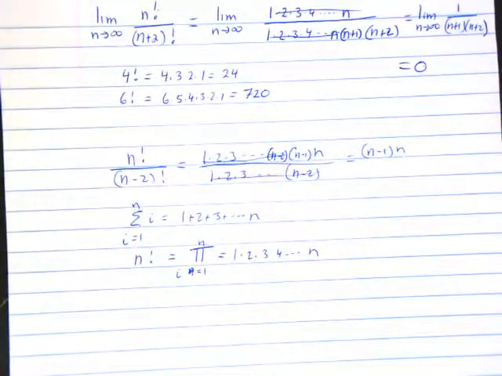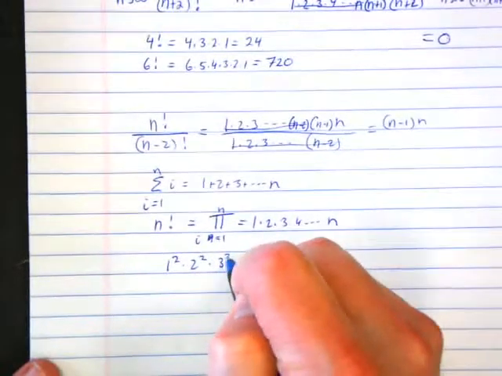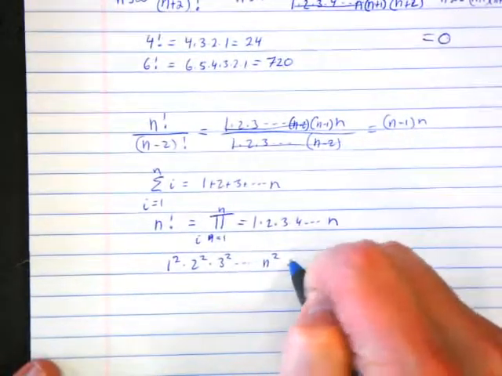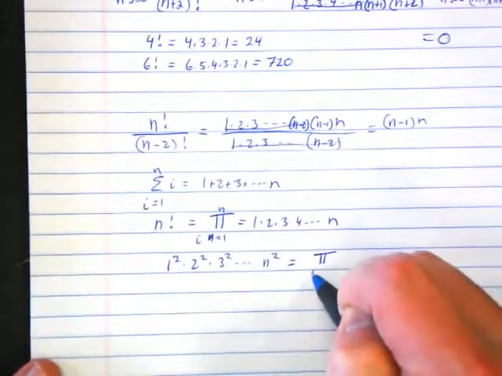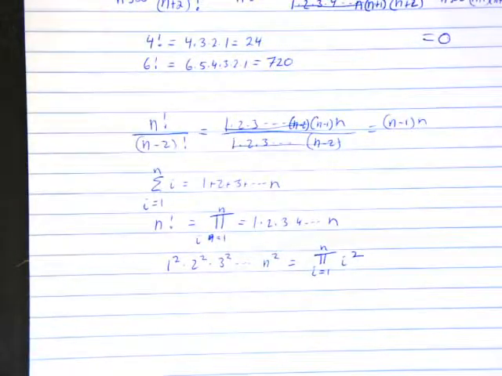We use a big Greek letter P, or pi, for product. So n factorial could be written that way. If I wanted to take 1 squared times 2 squared times 3 squared up to n squared, I would write it as the product from i equals 1 to n of i squared. So there is a symbol for multiplying a whole bunch of things together, just like there was a symbol for adding a whole bunch of things together.